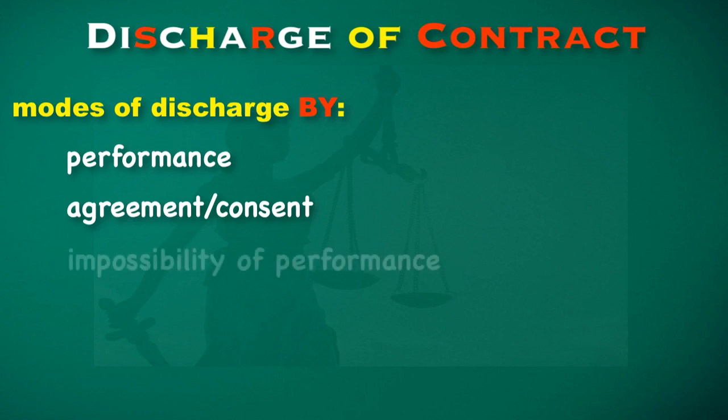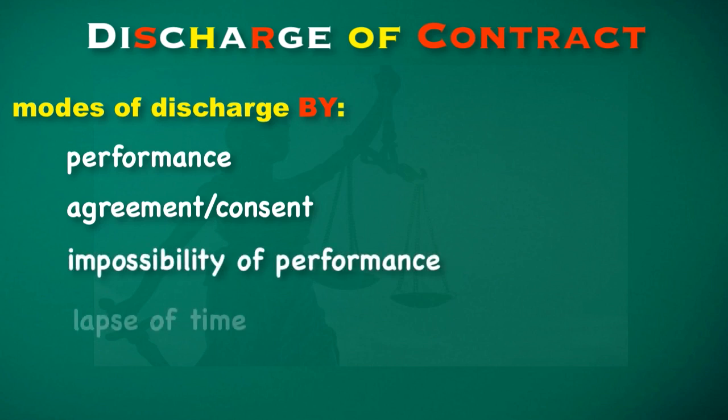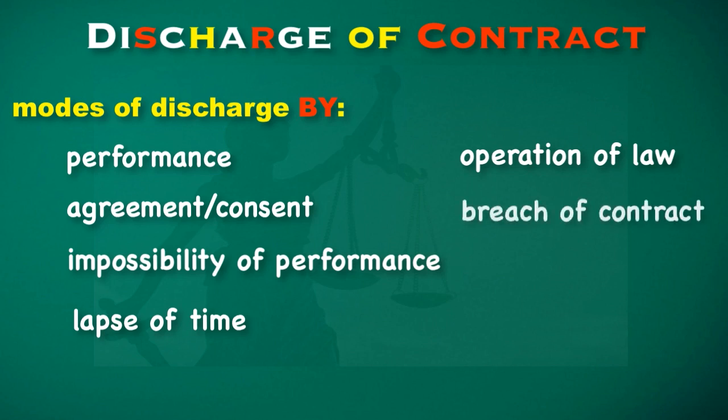The third one is impossibility of performance. Next is by lapse of time, then by operation of law, and the last one is by breach of contract. So there are 6 modes of discharge of contract.